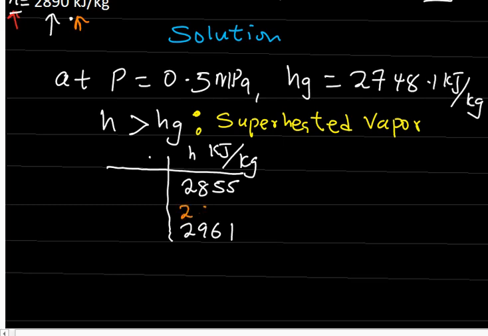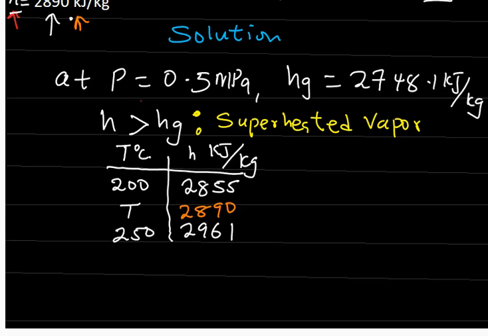So the question is, how do we find the temperature of the 2890? Now, the temperature of the 2855 enthalpy is 200. We don't know the temperature of the 2890, so let me just call it T. So this is T in the degrees Celsius column. And the temperature for 2961 is 250.